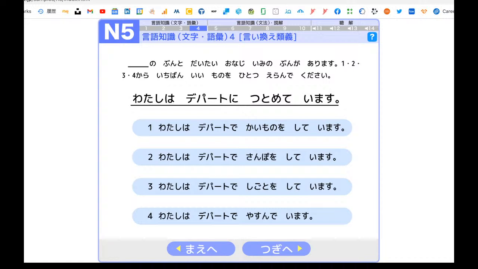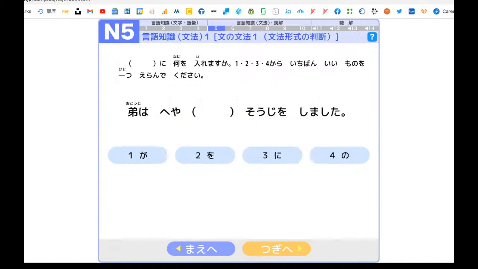Next is kind of like grammar and also like reading part. So you need to actually place the words in order. Let's say カッコに何を入れますか?1234から一番いいものを一つ選んでください。So basically these are the same, so you need to pick the best one from 1, 2, 3, 4.